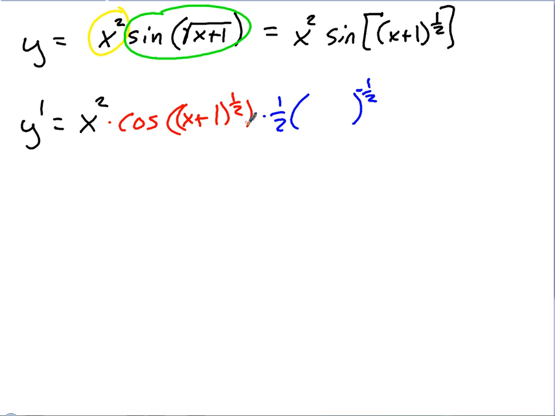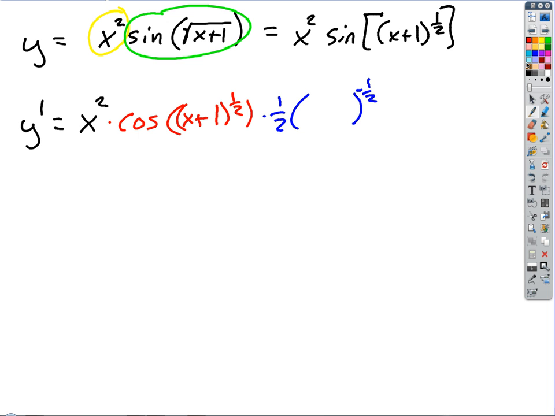We took the cosine of all that stuff. Derivative of sine of all that stuff was cosine of all that stuff. When I peel it away, the derivative of the other hand, left hand to the 1/2, is 1/2 times left hand to the negative 1/2. Well, what's left hand?